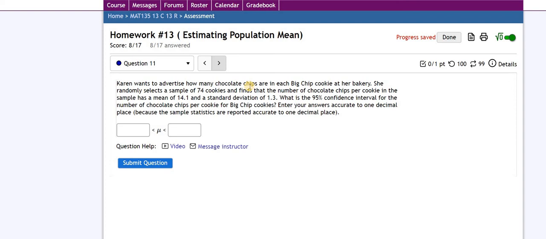What is the 95% confidence interval for the number of chocolate chips per cookie? We need the answer accurate to 1 decimal place, so we need to compute the upper bound and the lower bound. The level of confidence is 95%.